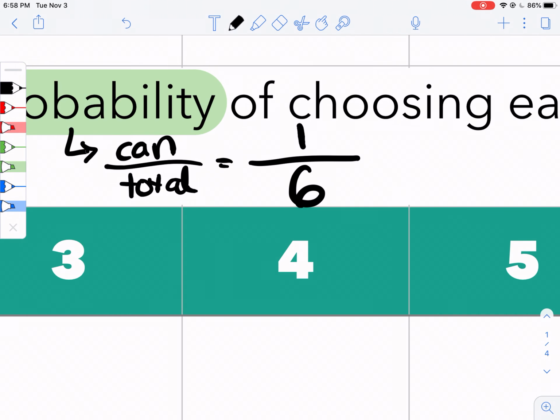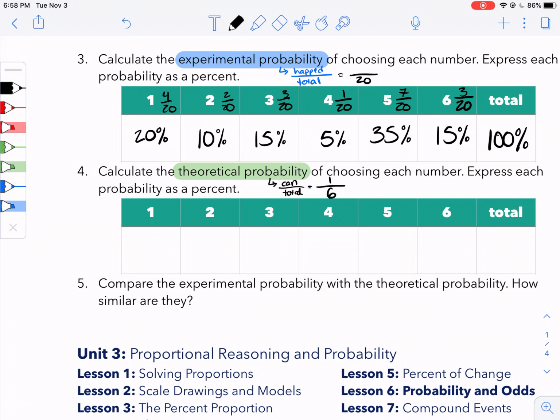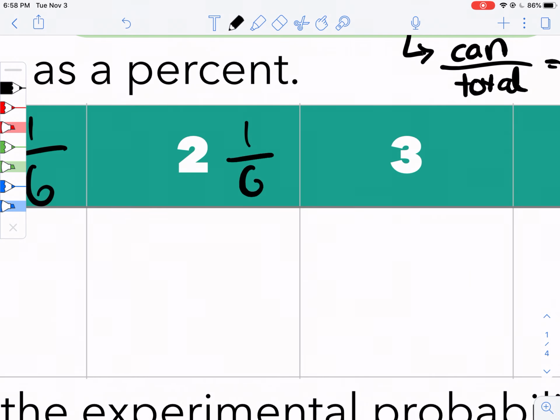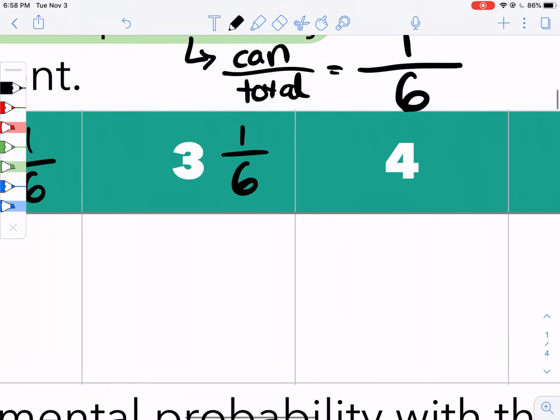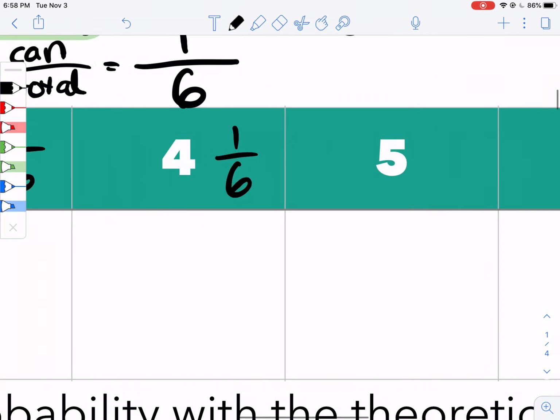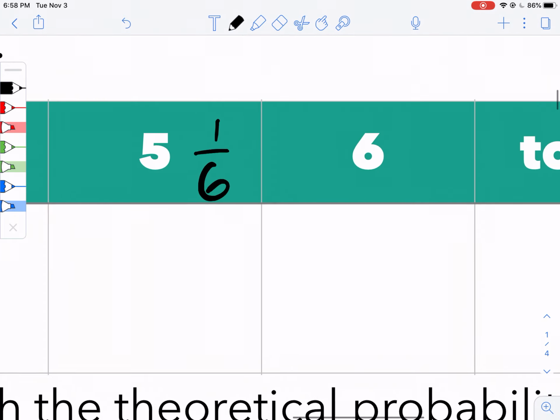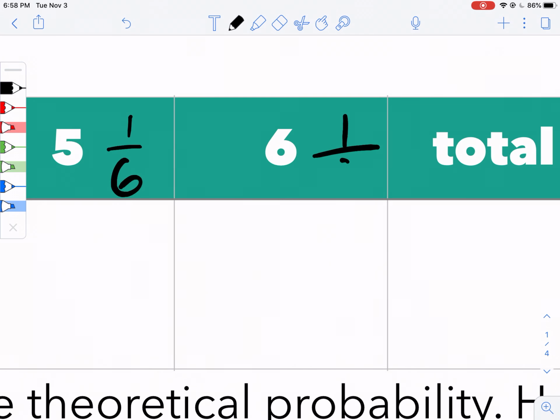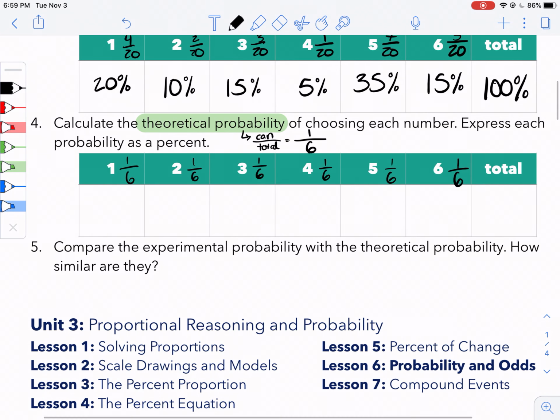There's only one way to roll a 1, out of rolling a 1, 2, 3, 4, 5, or 6. For 2, there's only one way out of 6, and the same for each of the others. They all have the same probability of being rolled, 1/6.